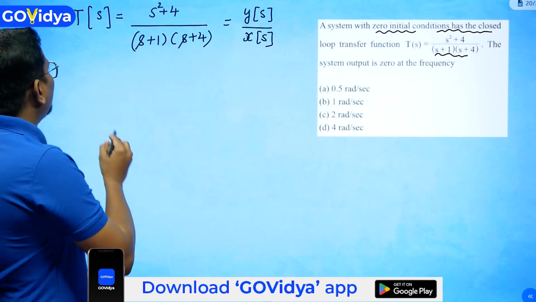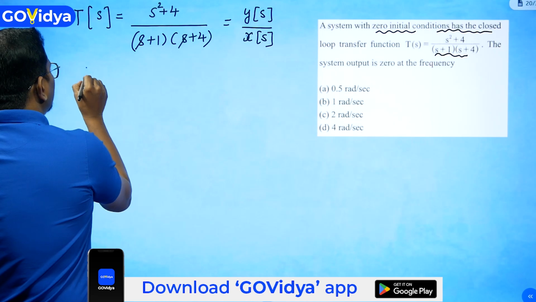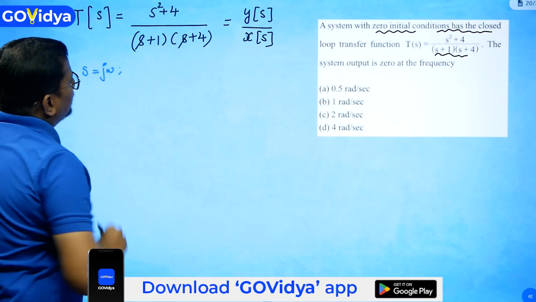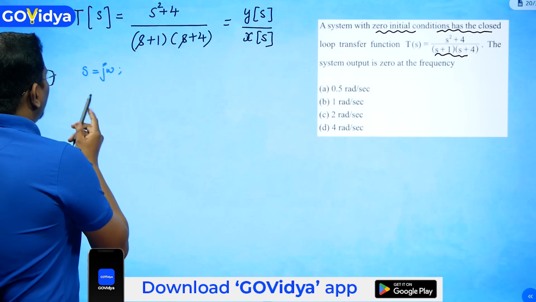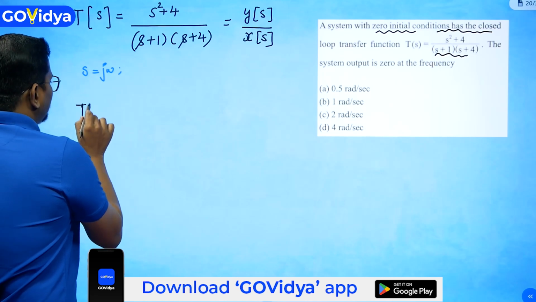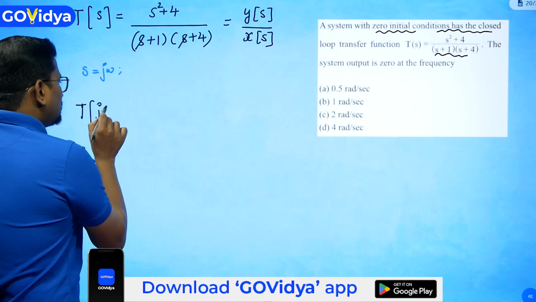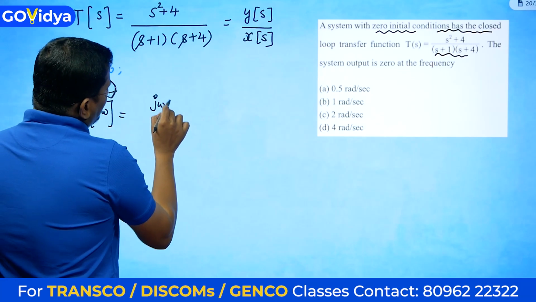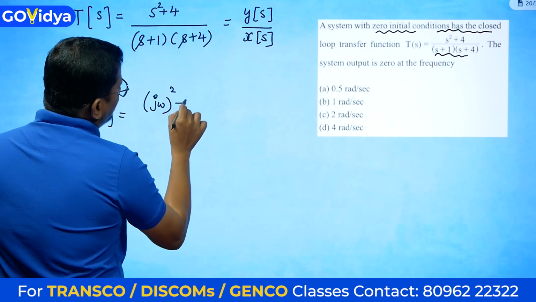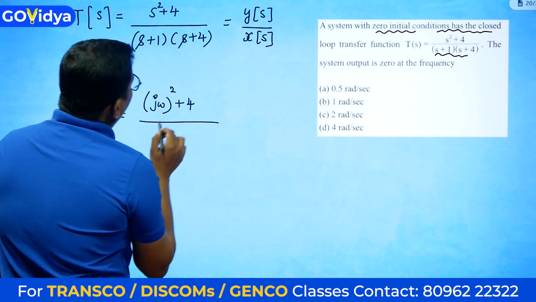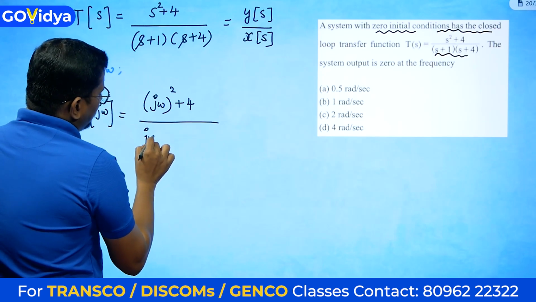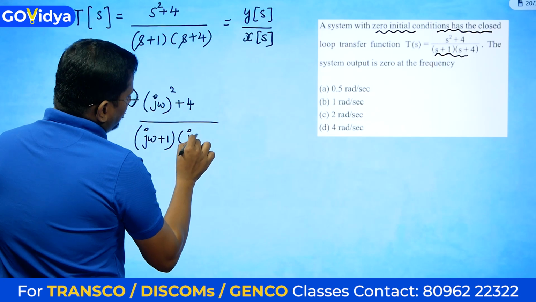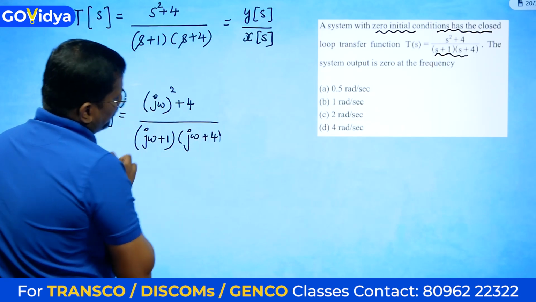Now what you need to do, put s is equals to j omega. Then what is our transfer function? T of j omega is equals to j omega whole square plus 4 divided by j omega plus 1 into j omega plus 4, right?